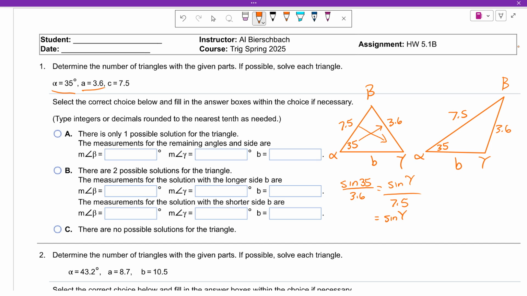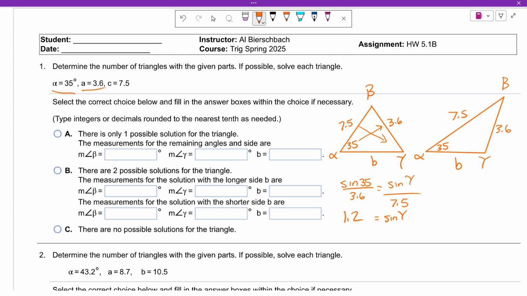What's 7.5 times sine of 35 divided by 3.6? 1.2. Take the inverse sine of 1.2. What do you get? You get an error, right? Can't do it, can you?